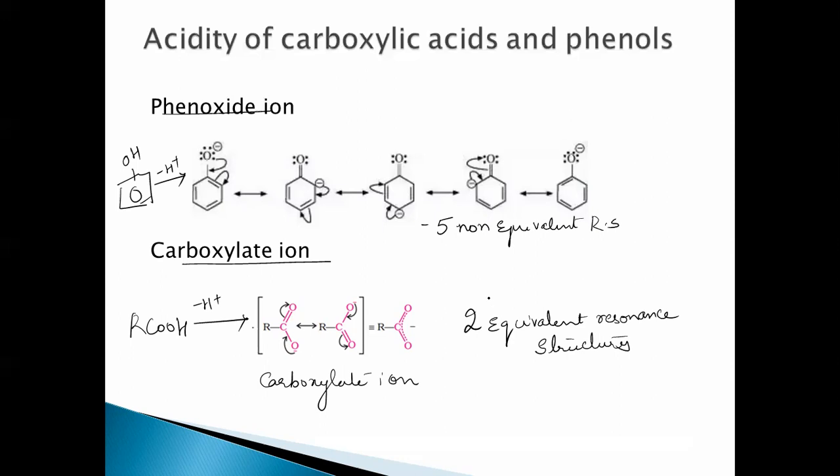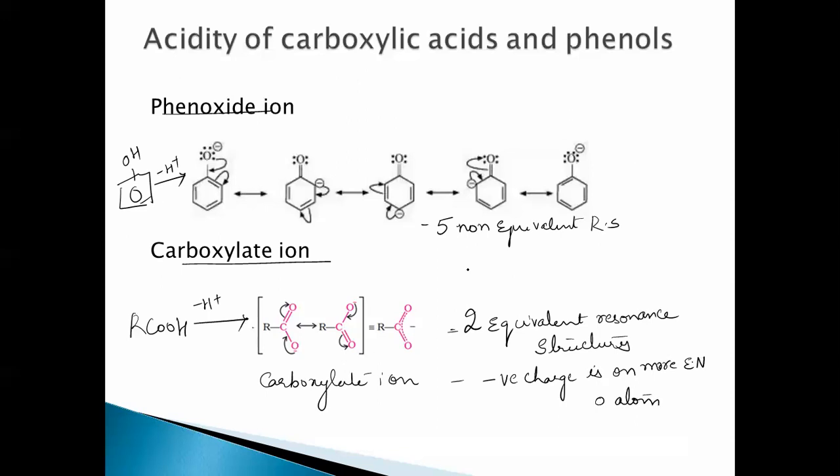Even though there are only 2 in the carboxylate ion, they're equivalent, so the carboxylate ion is more stable than the phenoxide ion. This is one reason. And the second reason, if you look at it, is that the negative charge here is on the oxygen atom, the more electronegative oxygen atom.